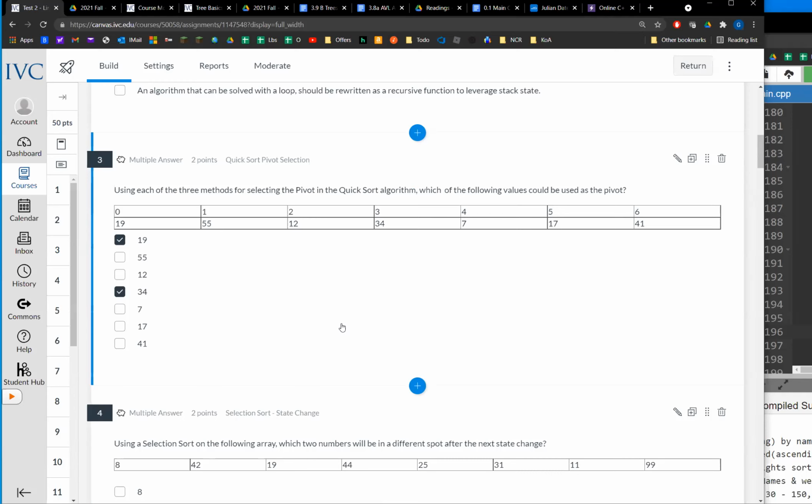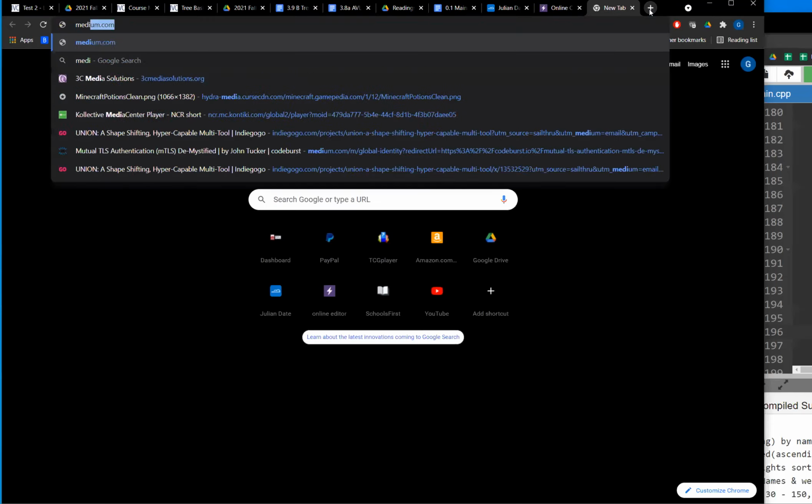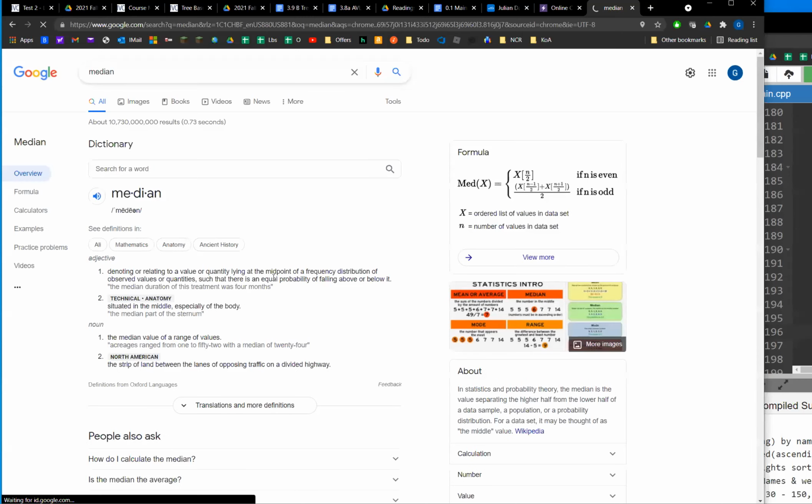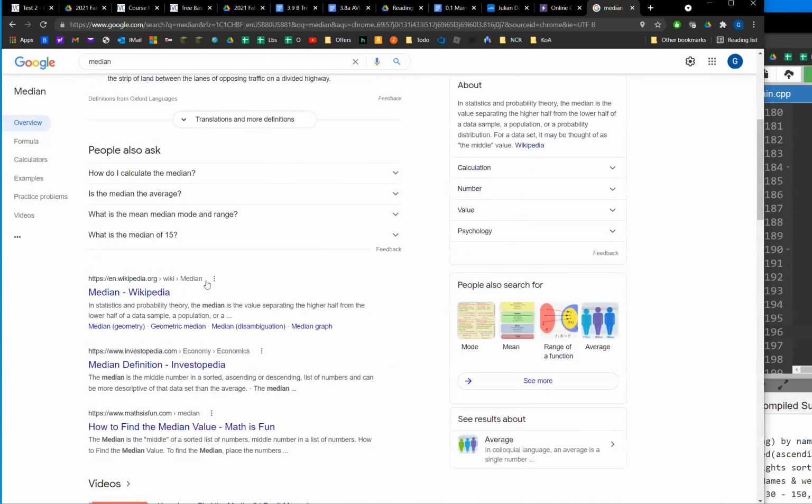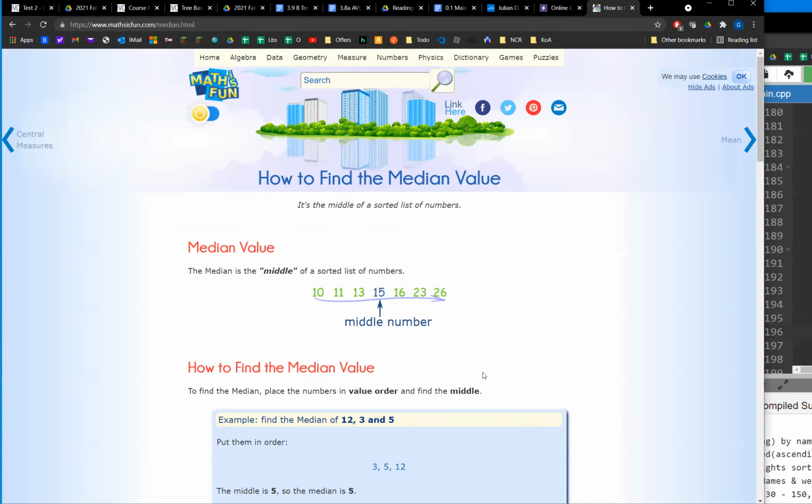No, median, you sort the values and you take the middle value, right? So here, median. Where we got Math World. Math is fun. There we go. Right, so you sort all the values and the number in the middle, and if there's 2 numbers, then it's the average of those 2 numbers, which is why I chose the length of that array to not be even, so I don't have to have floating point numbers as options in that.